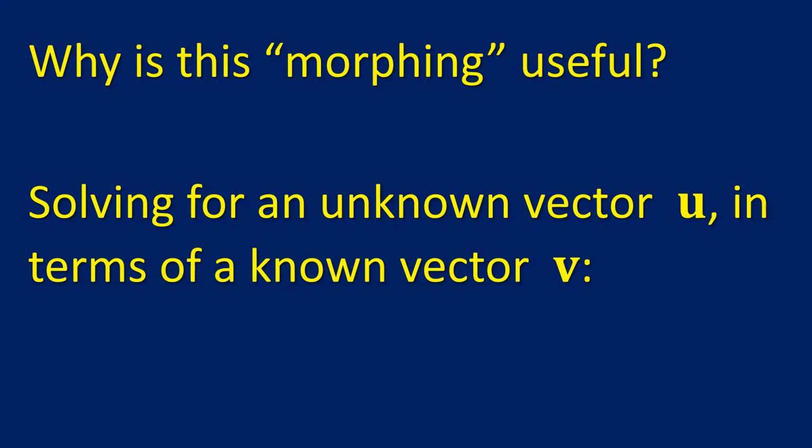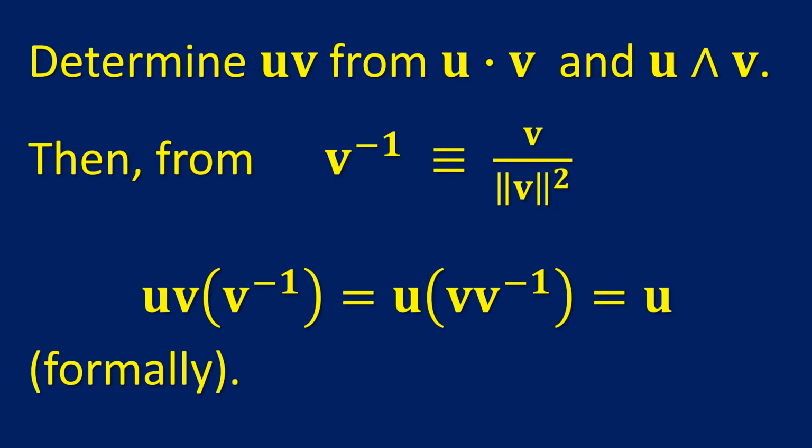Why is this useful? Well, that's what we rely upon when we solve for an unknown vector u in terms of a known vector v. How do we go about doing that? Well, what we do in practice is, first, from the givens in the problem and from the various physical laws, we then, by fair means or foul, determine this scalar u dot v.